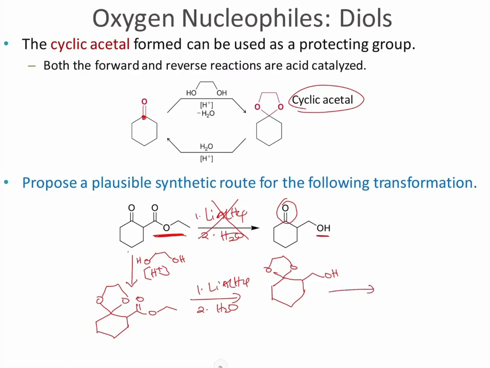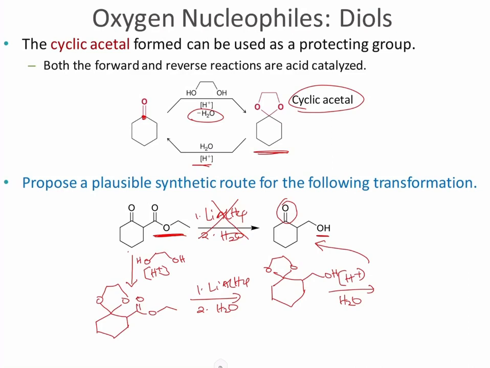Then we can do deprotection. Deprotection requires the use of an acid. So in the first case, we are removing water. Remember we said we can favor this reaction if we remove water. But if we do this again under acidic conditions, in the presence of water, so instead we are adding water instead of removing water, then we end up with that product. Okay.